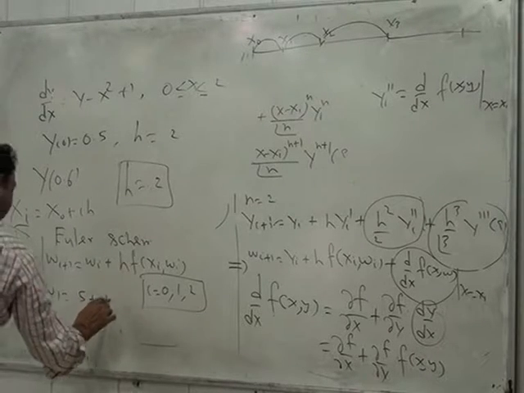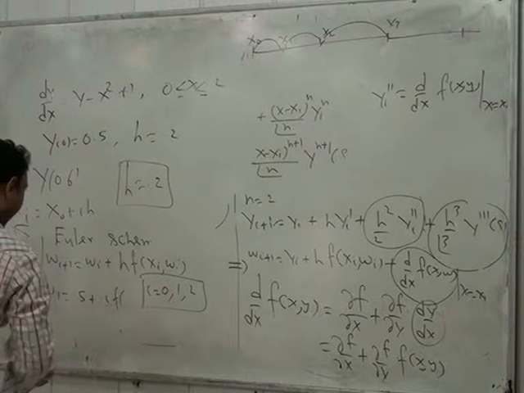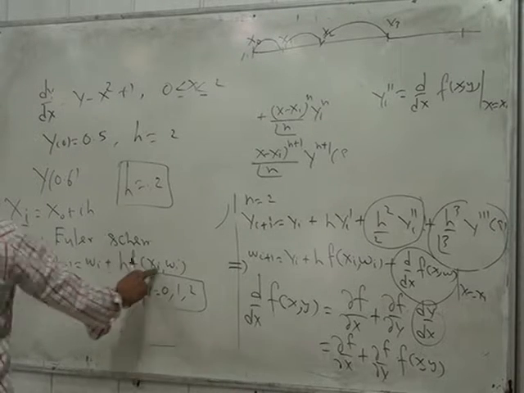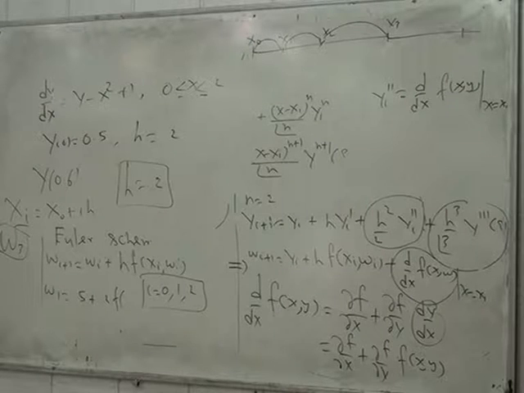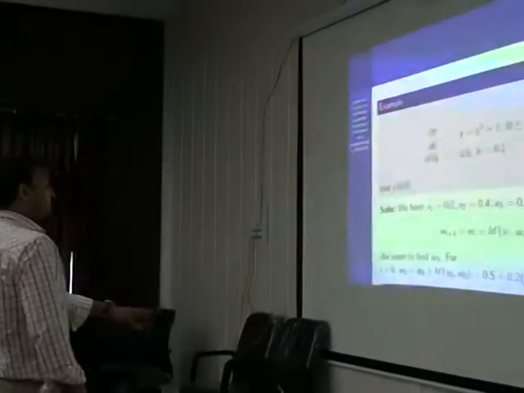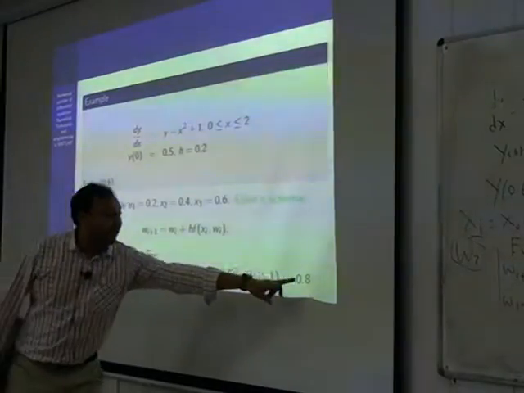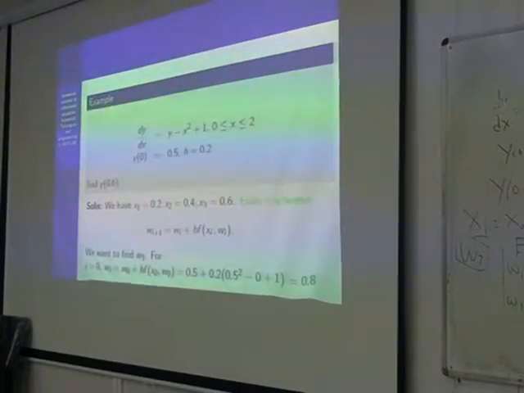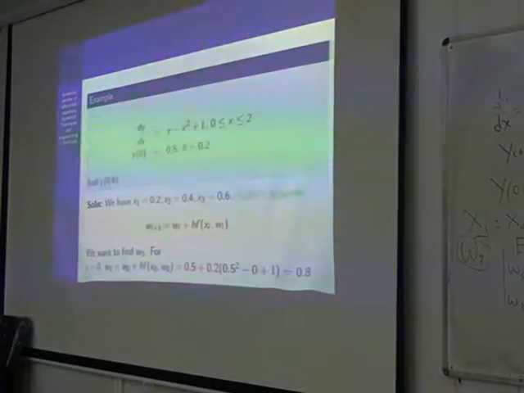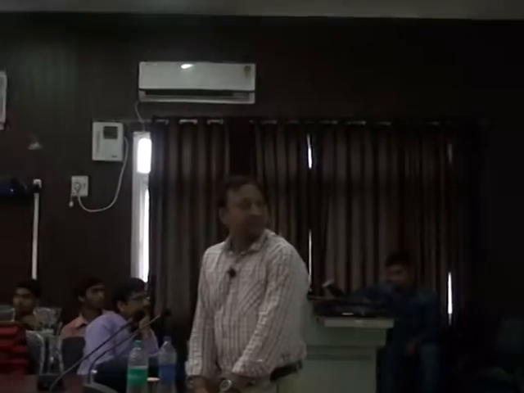What is f at x0? x0 is 0, so it is f(0, W0), with W0 again 0.5. You can just plug it in: W1 = W0 + h f(x0, W0), and you get the value 0.8. You just have to do the calculation. Can you compute it?